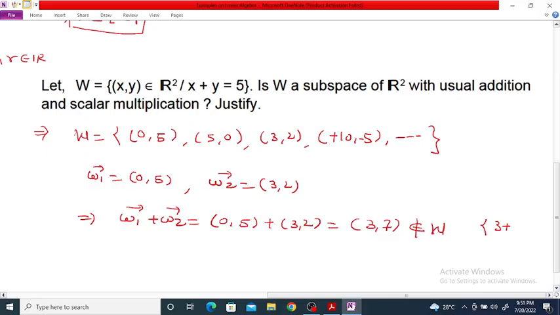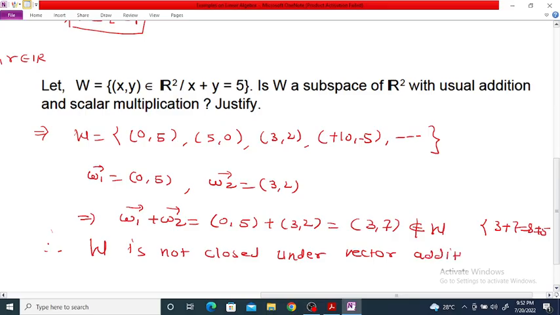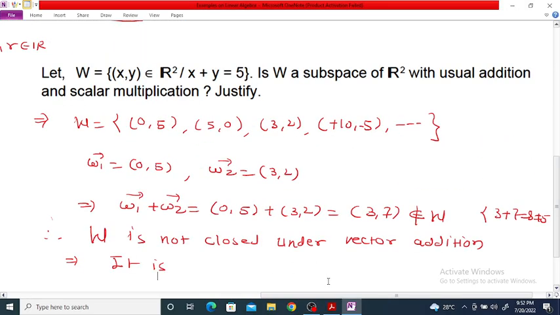Because 3 plus 7 is equal to 10, not equal to 5, and therefore the set W is not closed under vector addition, and this implies W is not a subspace.